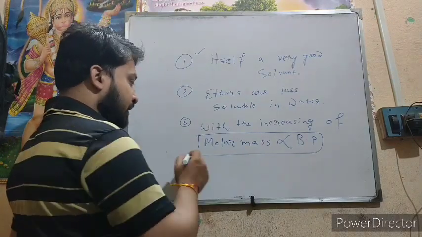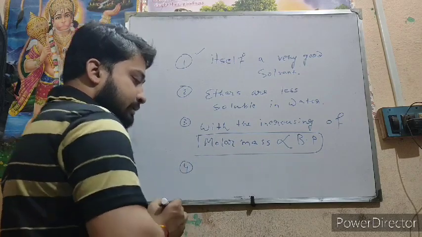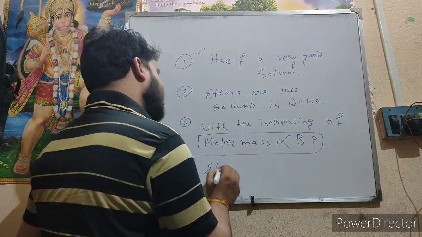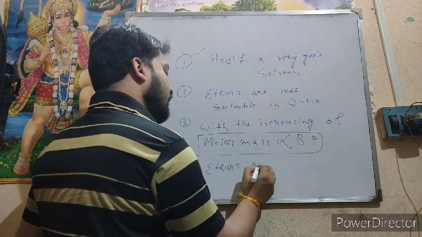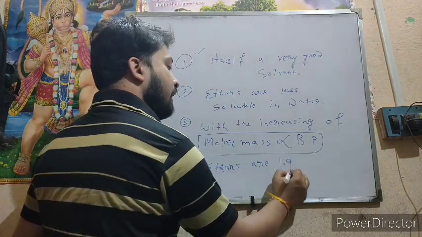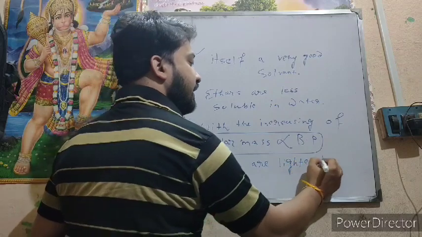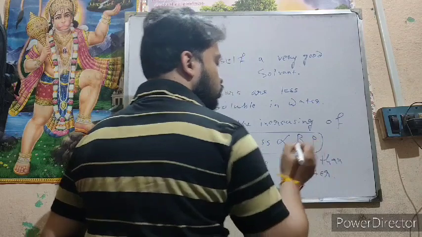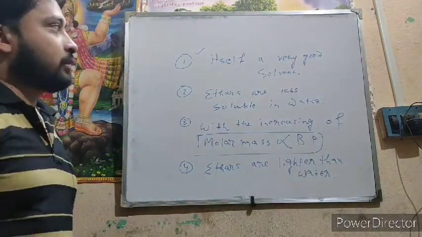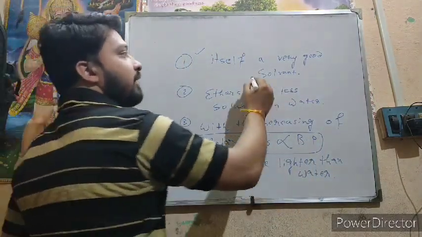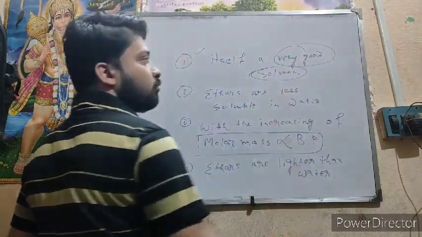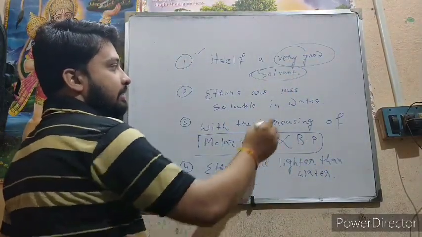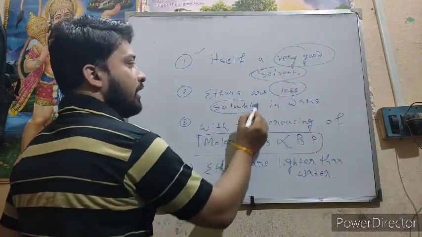Fourth one, ethers are lighter than water. So those are the general physical properties. One is very important: it is a very good solvent itself, and it is less soluble in water.